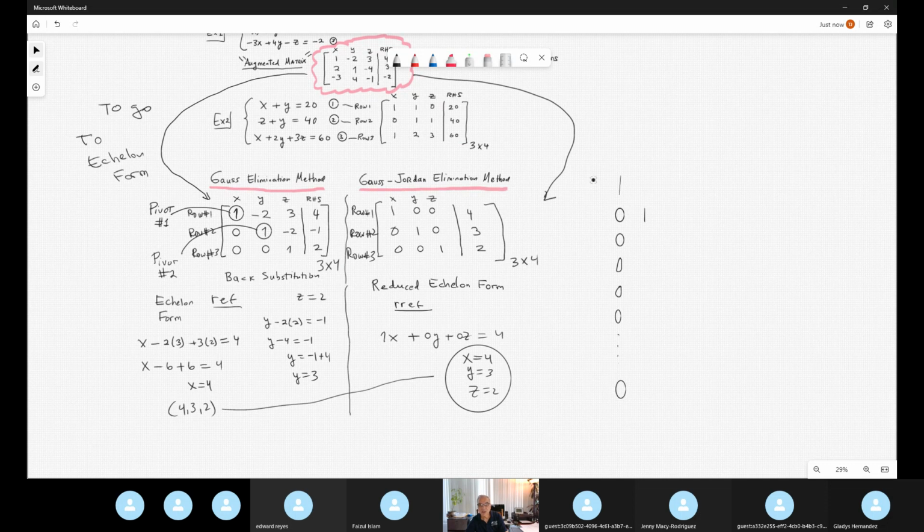Now take the second pivot, and Gauss continues doing something in order to create 0 below, and Jordan does it below and above, in both directions. Now the third pivot is here. Gauss does 0 below, and Gauss-Jordan does below and above, and creates the famous reduced echelon form matrix.